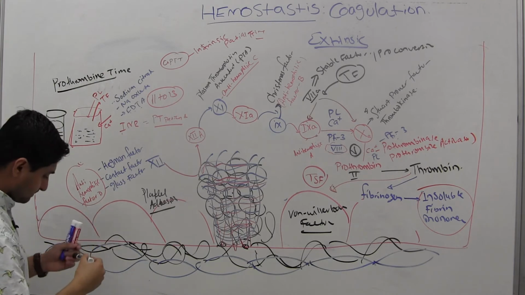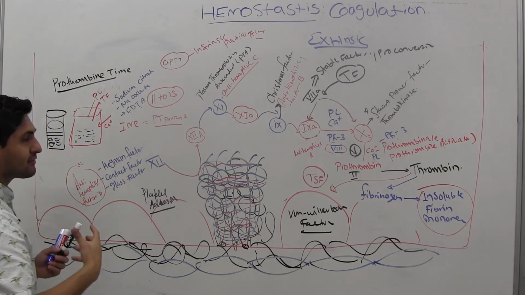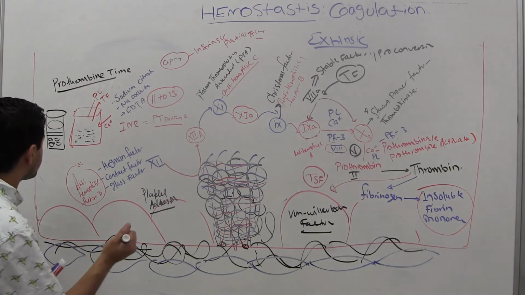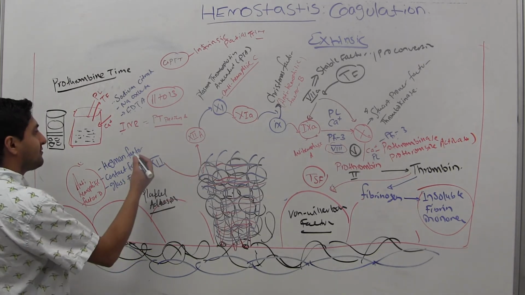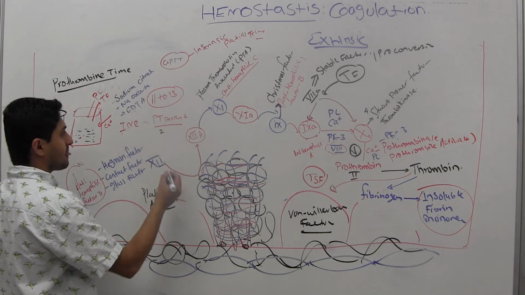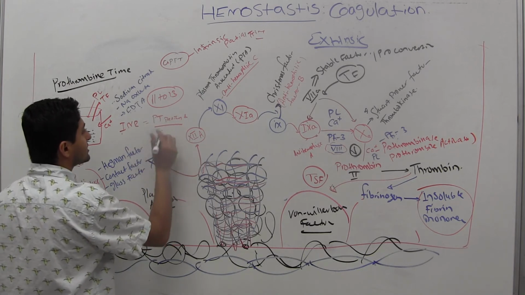What they do is find the normal standard of the person and then divide. Let's say this is 1 here.